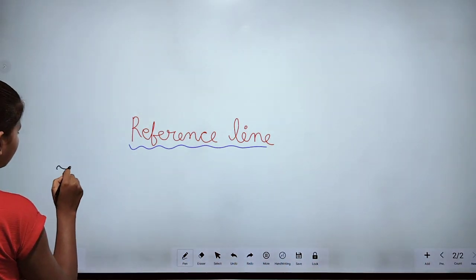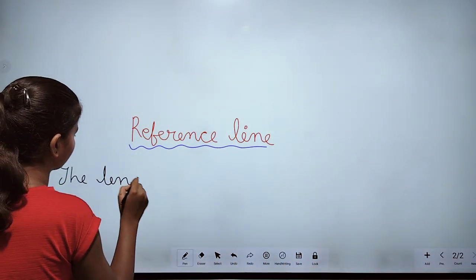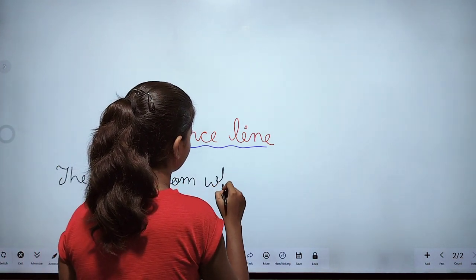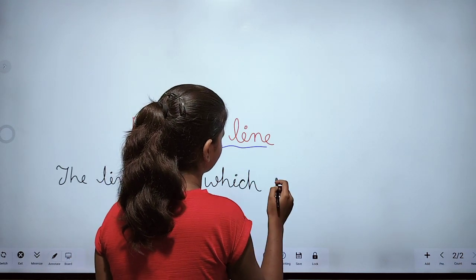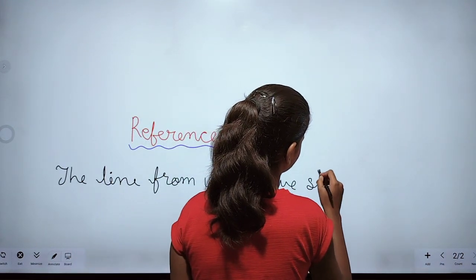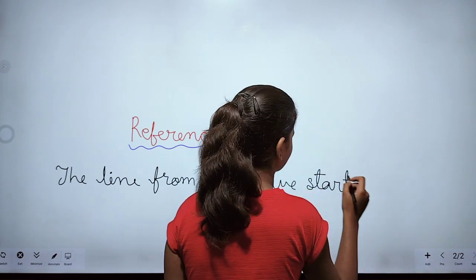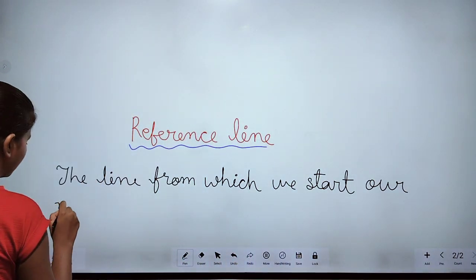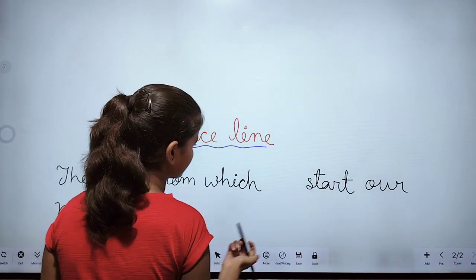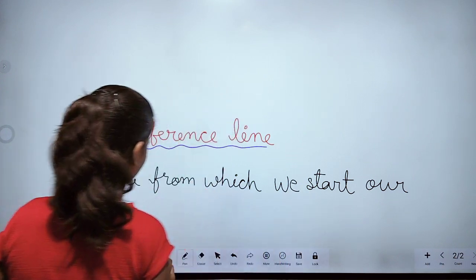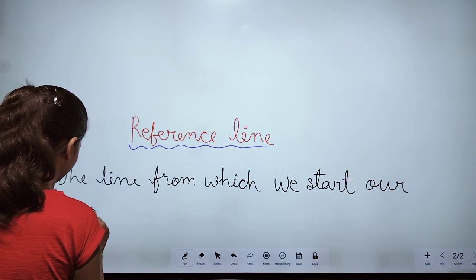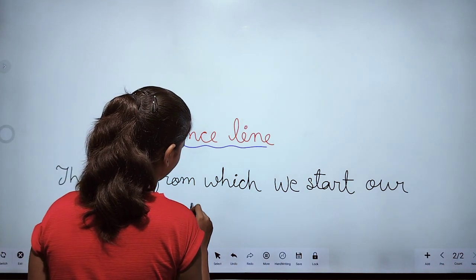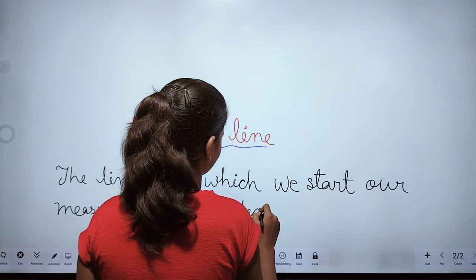The line from which we start our measurement is called the reference line.